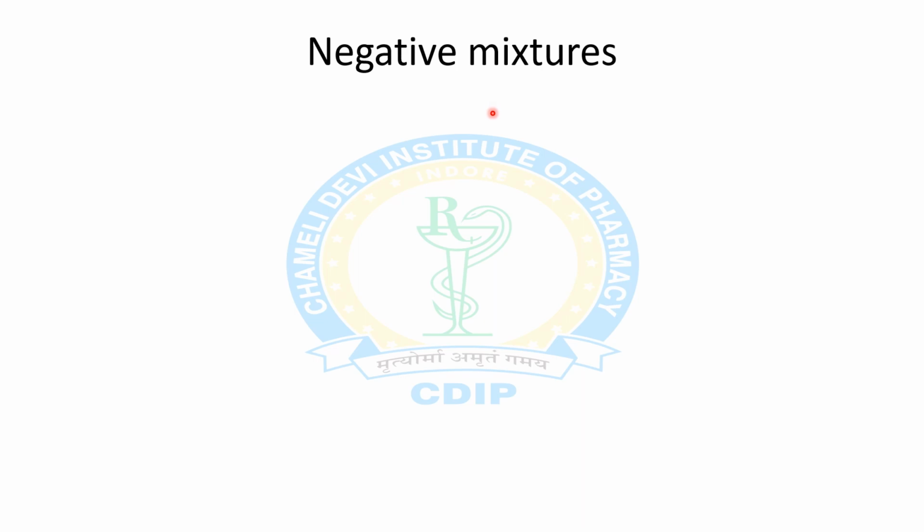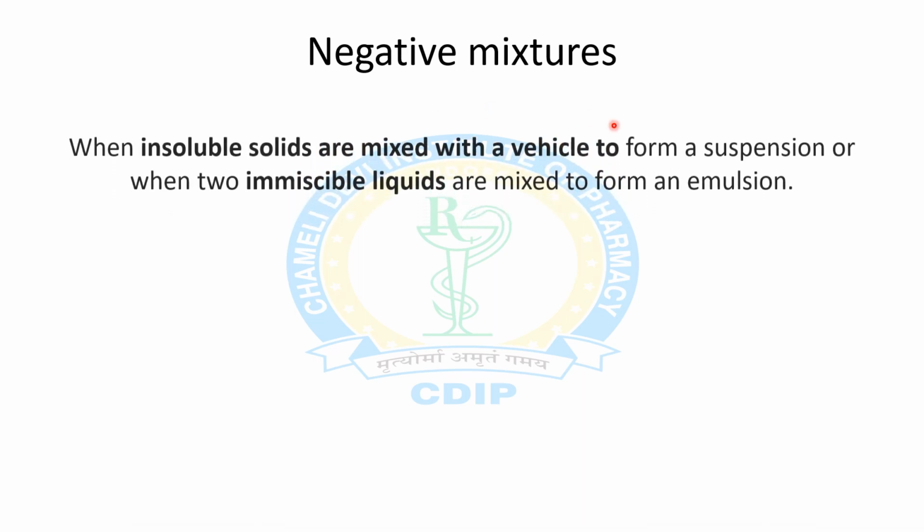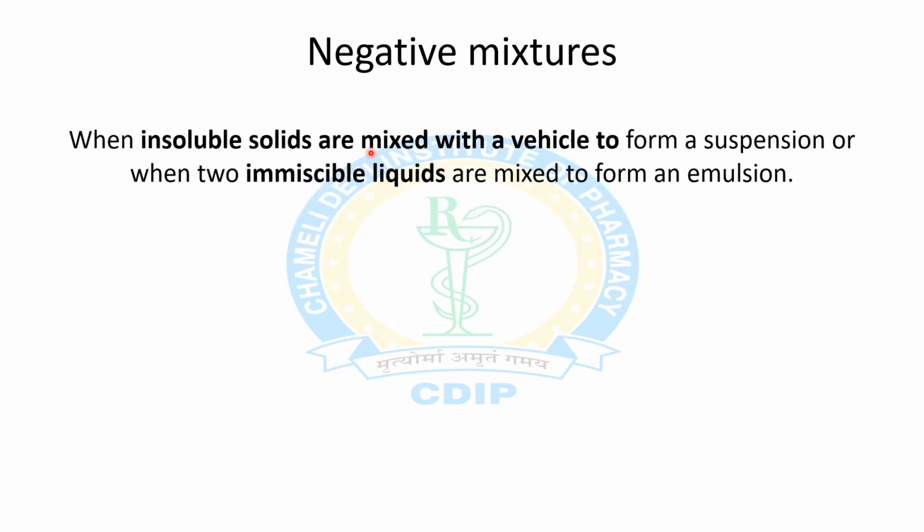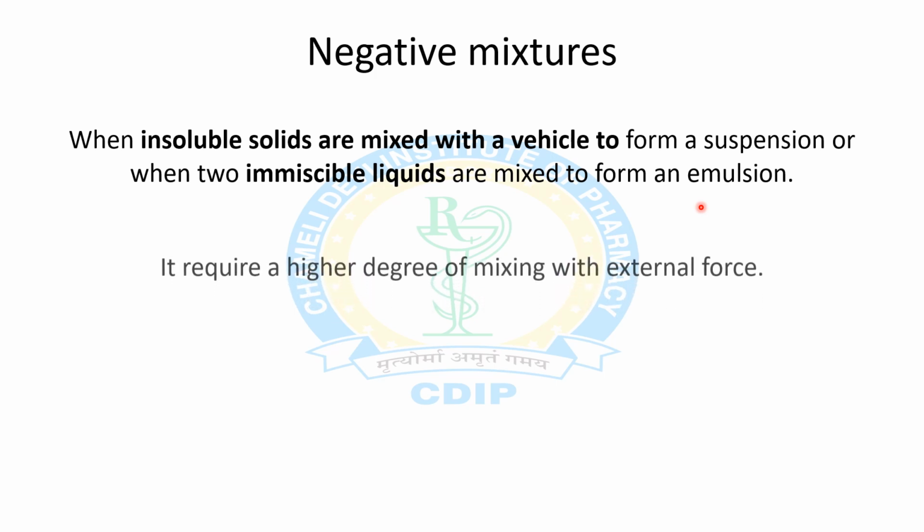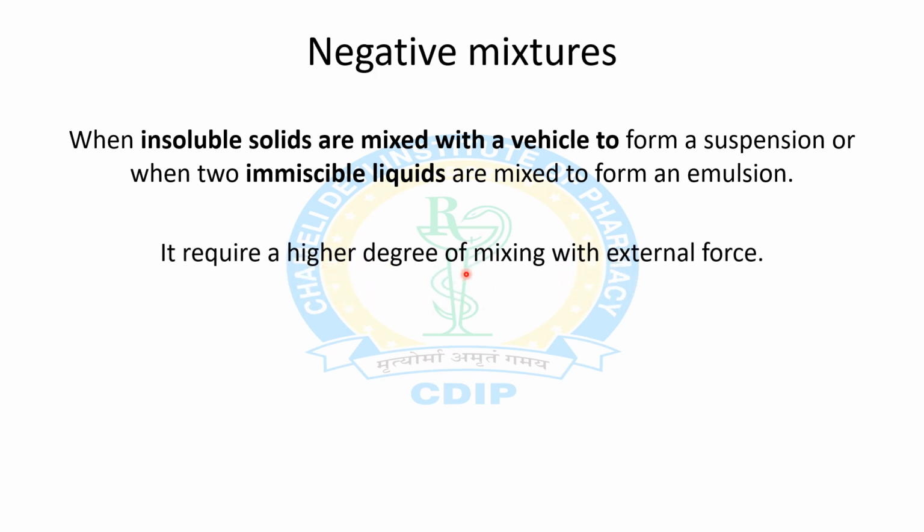Now the next type of mixture is negative mixture. When insoluble solids are mixed with the vehicle to form a suspension, or two immiscible liquids are mixed to form an emulsion, then it will give the negative mixtures. And it requires a higher degree of mixing with external force.